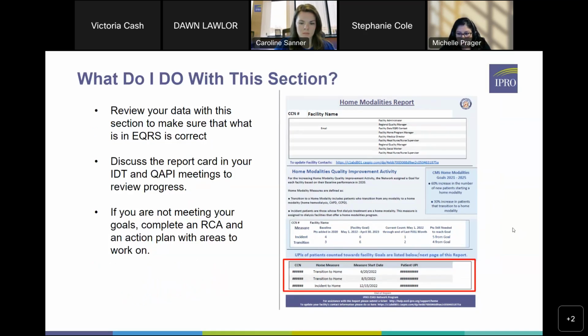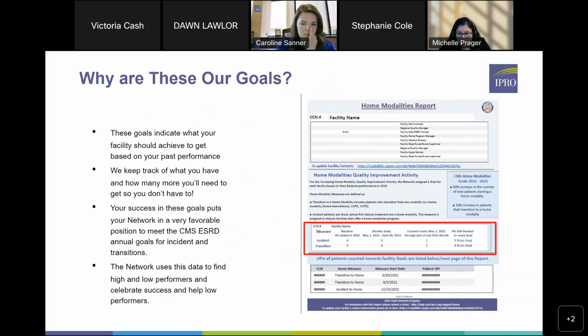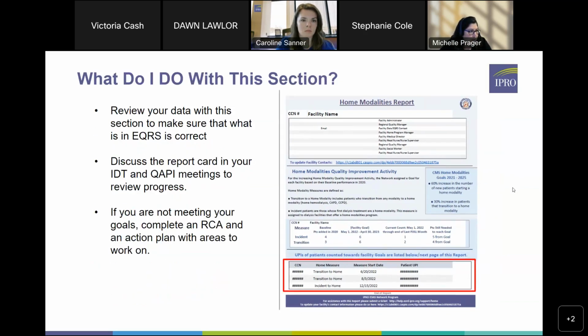You should also keep track of the data on your end to compare to this report. We use this report to find high performers, to celebrate success and how they're achieving high numbers, and to help some of the low performers. So what do I do with this section?